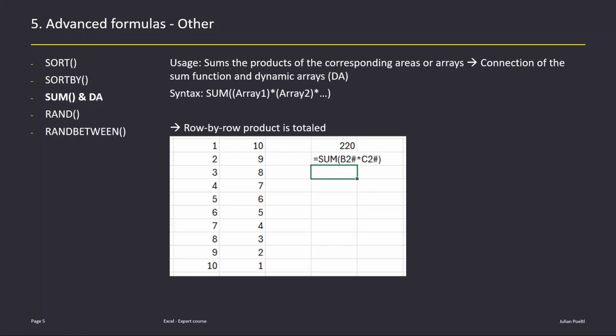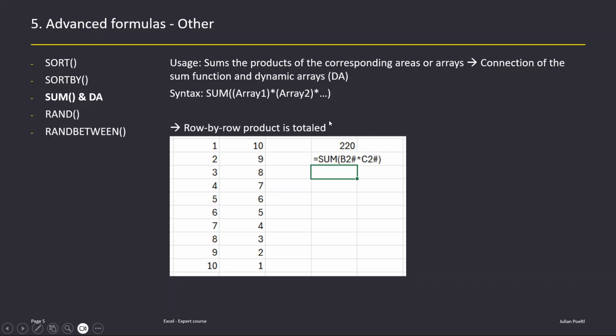Then I will touch on something we've done in the dynamic arrays course. With the SUM function and dynamic arrays, you can do much more than you think. With dynamic arrays, as we did before, you can multiply row by row and then sum all this up. Here, row by row product and then total it.